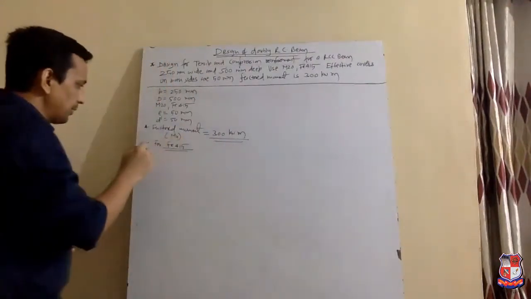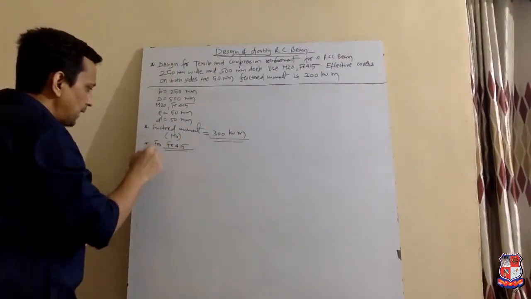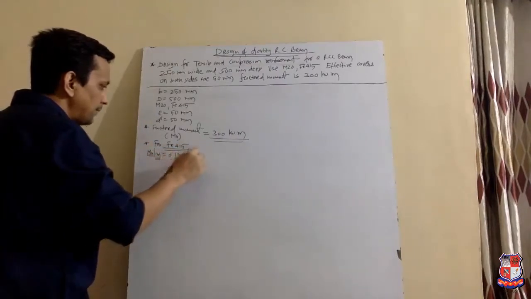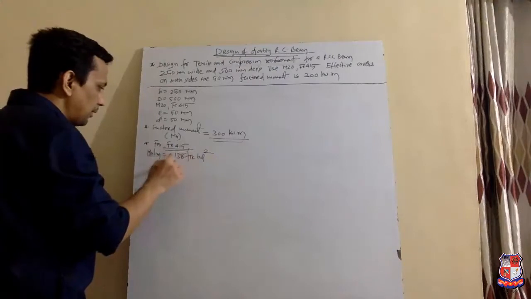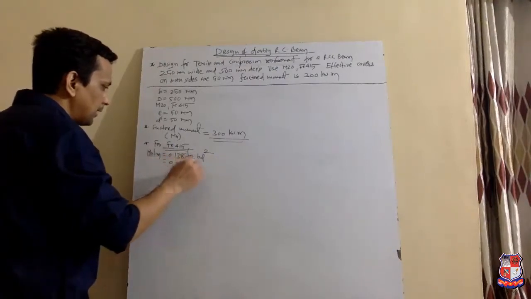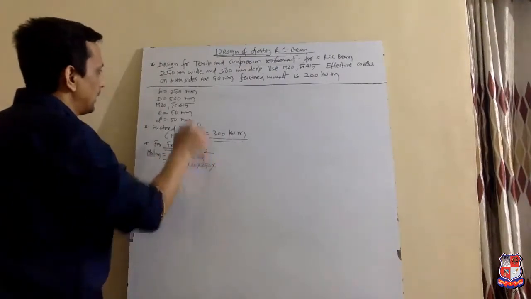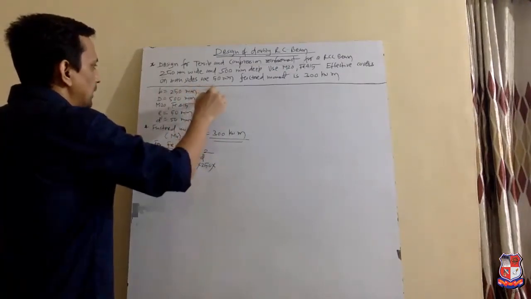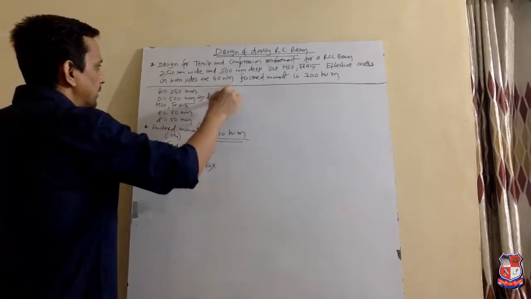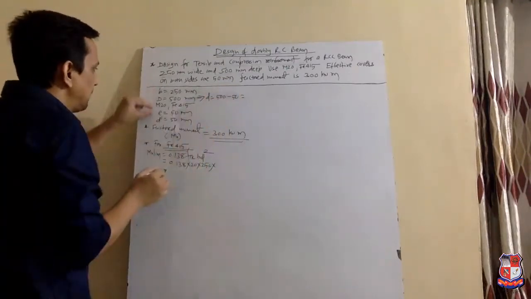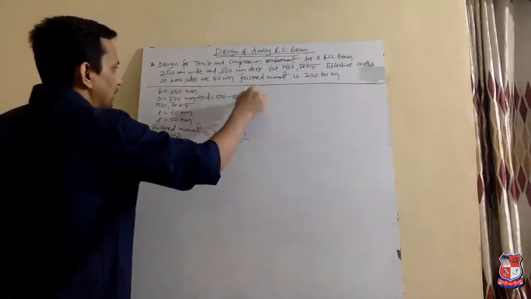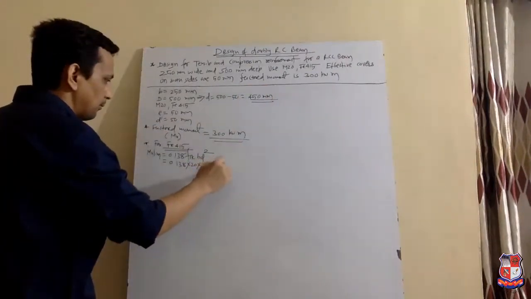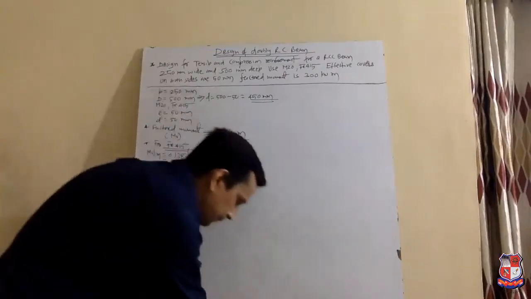For Fe415, we know Mu lim is equal to 0.138 fck b d square. fck is 20, b is 250, and capital D is 500. The small d is 500 minus 50, means capital D minus small e, so it comes 450 mm. 450 square.